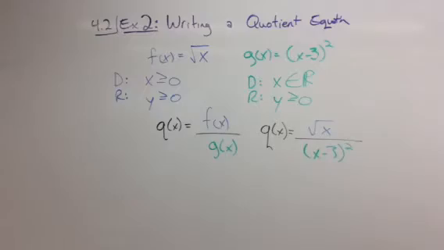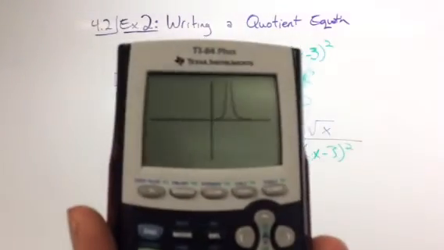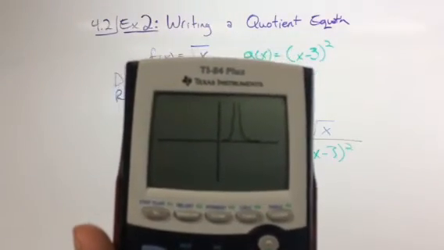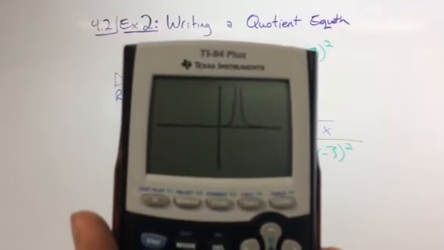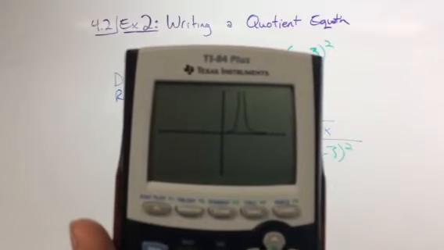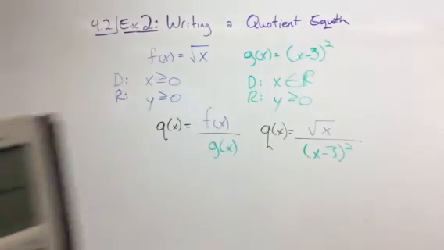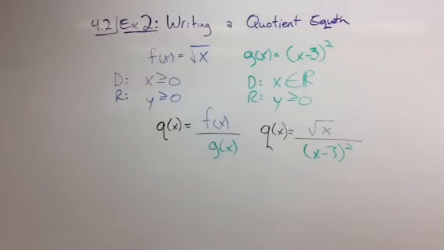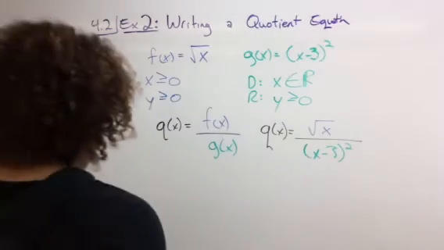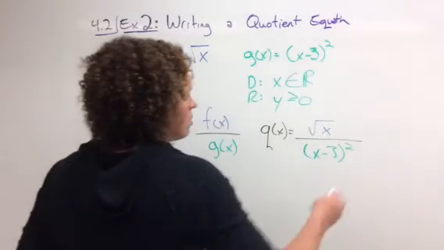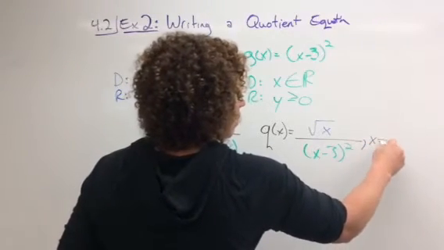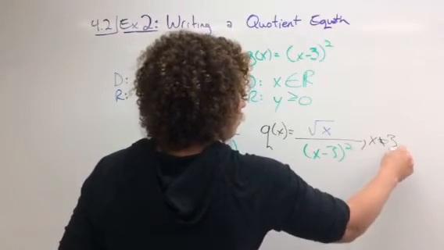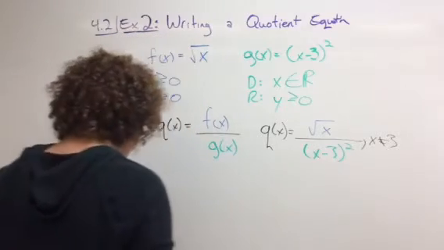Graph it, and as you can see, I've got kind of a funky graph going on here. And it looks like I've got an asymptote at x equals 3, which would make sense because if I look at the formula, I could even write x cannot equal 3 because 3 minus 3 would be 0.